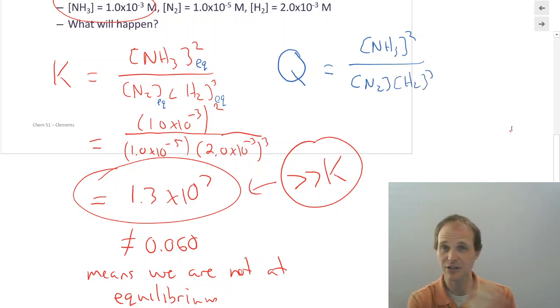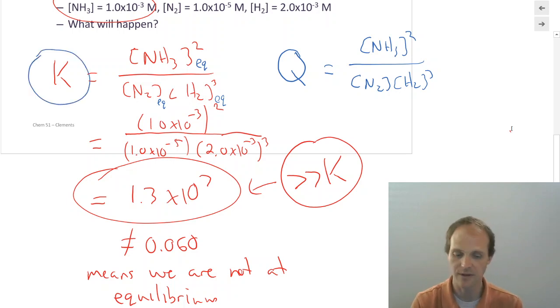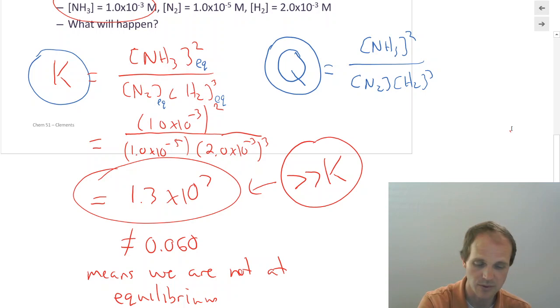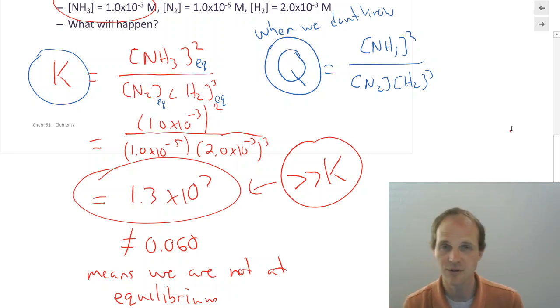So you'll notice K and Q have the exact same form, but K we only use when we know we're at equilibrium. Q we use when we don't know. So Q is more general.